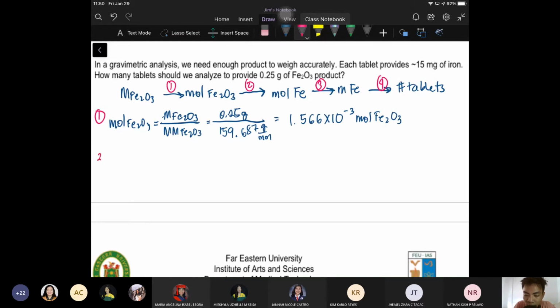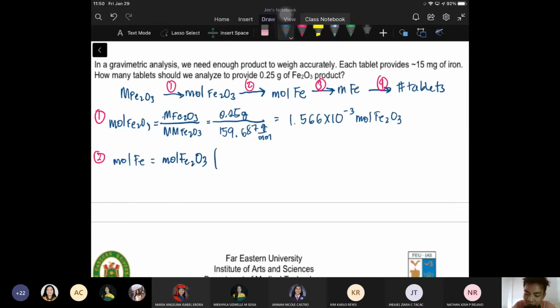Ano susunod? Step 2. From mole of iron 3 oxide, you convert that to mole of iron. Paano? Stoich. Again, paano tayo nag-convert from mole of one substance to the other? We make use of their stoichiometric coefficients, okay? Or their mole relationships. So you start with the mole of iron 3 oxide. This is your given.